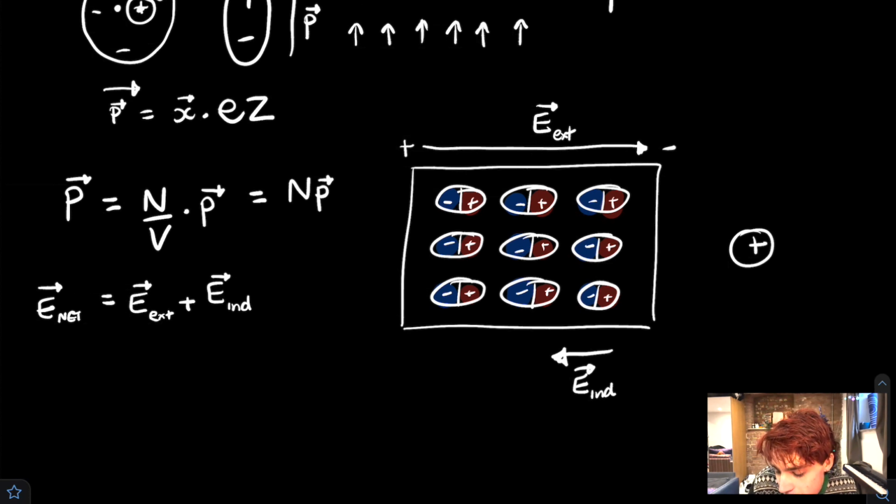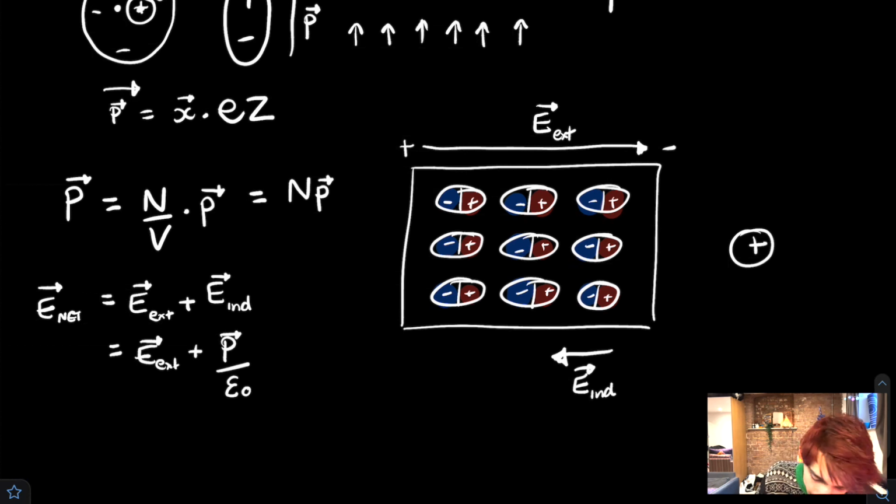So in fact, instead of writing the induced electric field, we can write that the net electric field is equal to the external electric field plus the polarization divided by the permittivity of free space. Now, the reason why we divide by the permittivity is to keep the dimensions consistent. However, you can just think of the induced electric field and the polarization as being simply related. And we'll actually go into more about the relationship between these two quantities later.